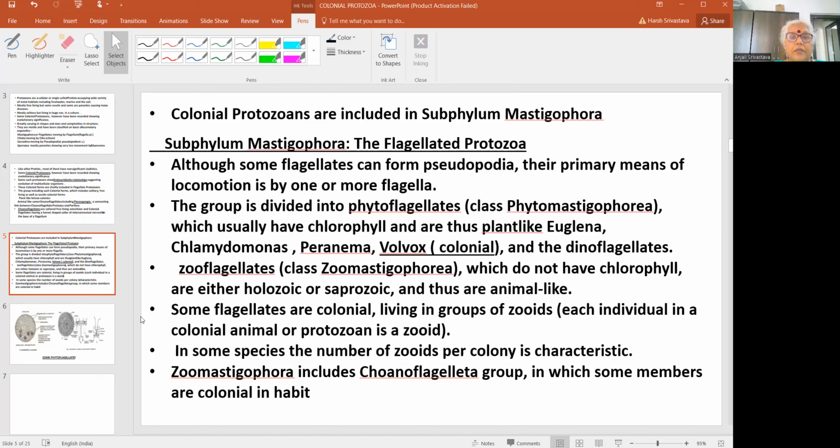If we see its morphology, its characteristics, most Volvox are colonial, living in groups, and in these groups, whether it is Phytomastigophora or Zoomastigophora, the members of a colony are referred to as zooids, and the number of these zooids is very specific for the colonies.